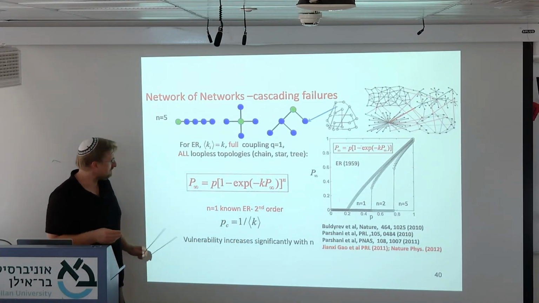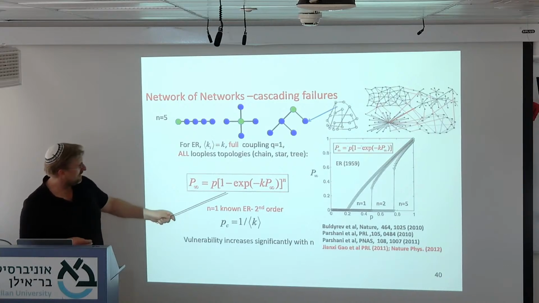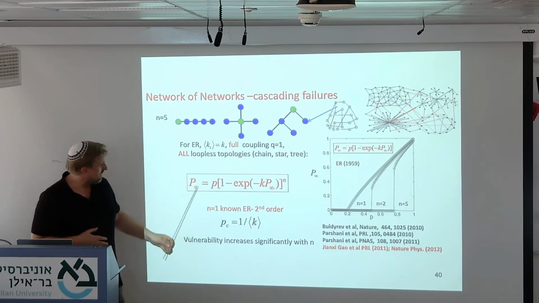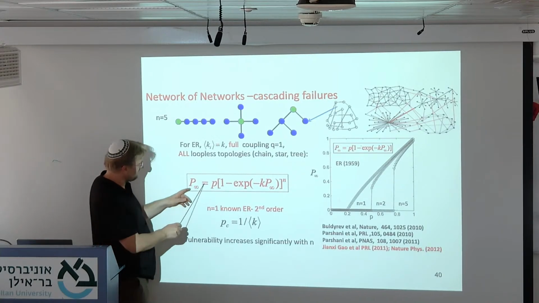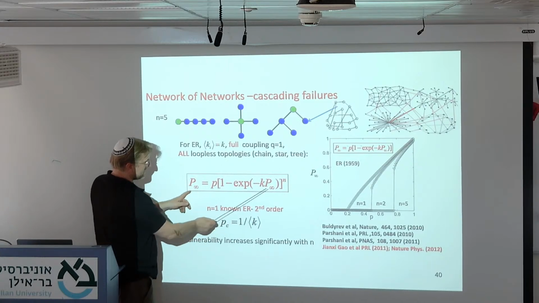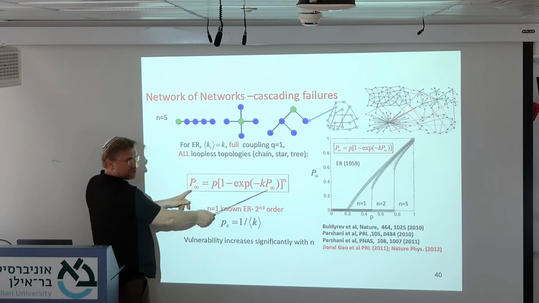And you can even show this analytically. P infinite is equal to P times 1 minus e to the power minus k P infinite. This is for a regular Erdős-Rényi network.